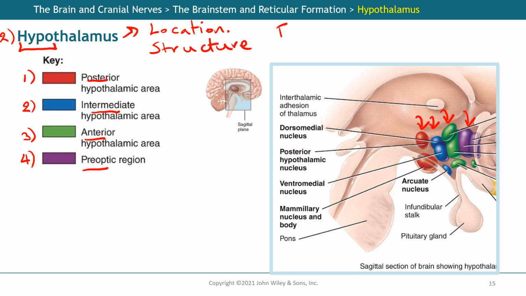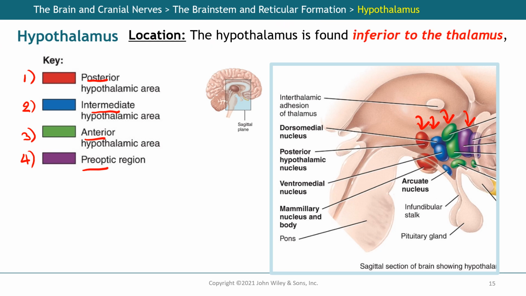Related to the function, the hypothalamus is mainly one of the major regulators of homeostasis. Although there are many more functions, if you remember that one, that is key. So far I told you that the location of the hypothalamus is inferior to the thalamus.